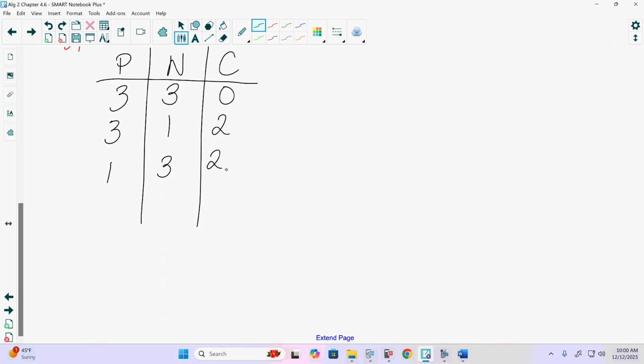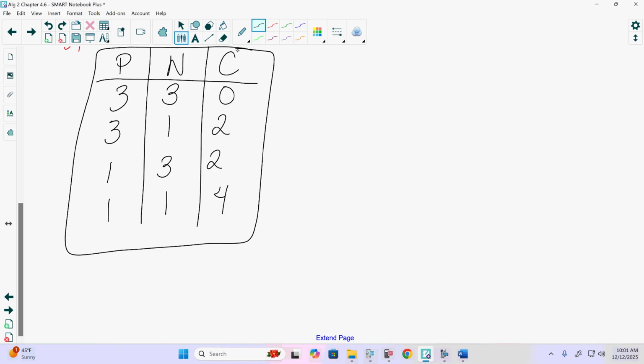We need it to be 6, so the other 2 have to be complex. And lastly, we could have 1 positive, 1 negative, and 4 complex. And those are the only arrangements. And that's our answer.